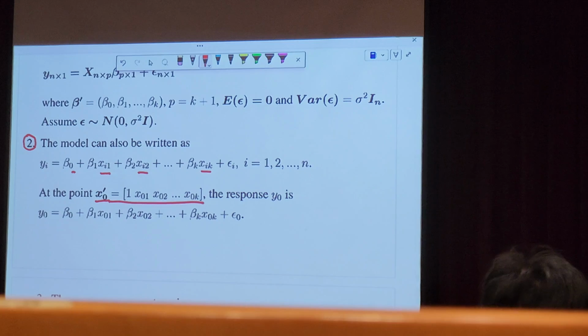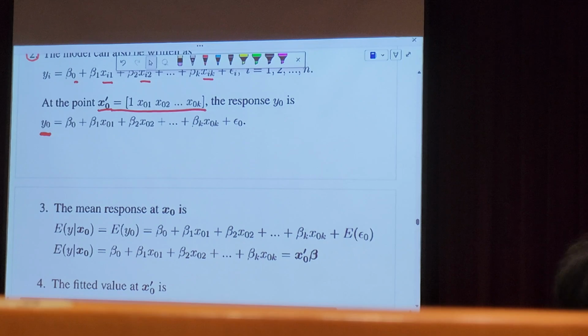Let's say it's x0. And then y0 is the response for this set of regressor values. Okay? So the response is this. So I've written this set of regressor values as a vector.